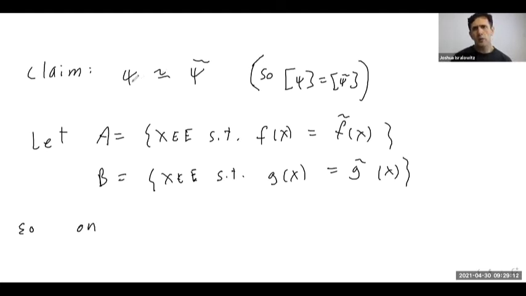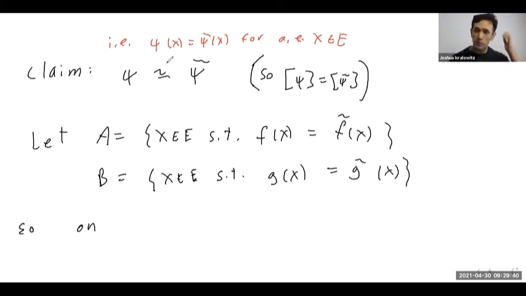Yeah, so what do we need to do? We need to show that, except possibly on a set of measure 0, these two are equal, or the set of all x where this is not true has measure 0.